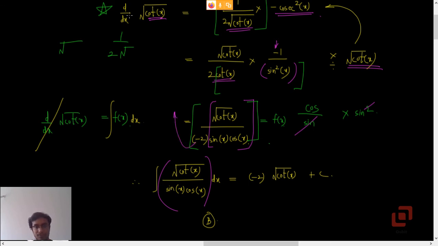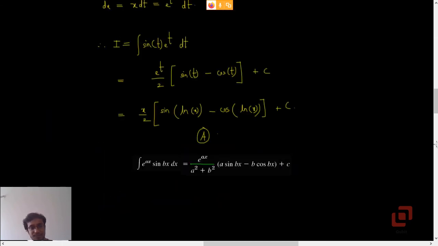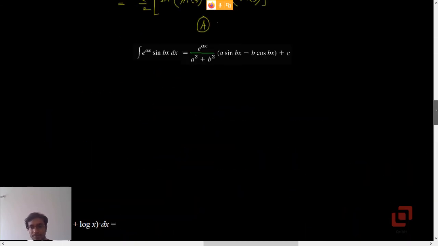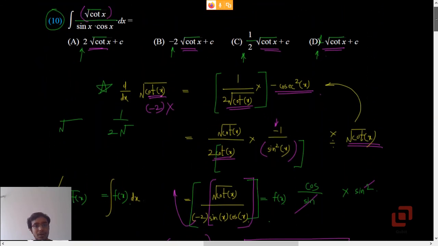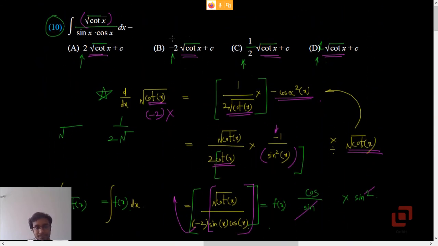So it is -2 into root of cot x, so we have got the integral without actually integrating. -2 root of cot x, and do we have it in the options? It must be there. That is option B.